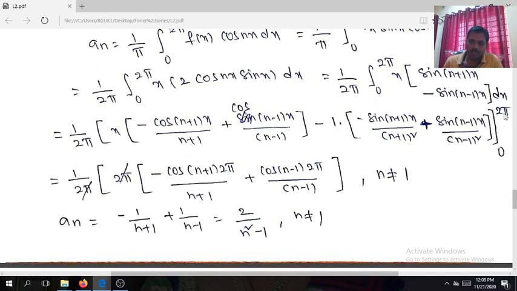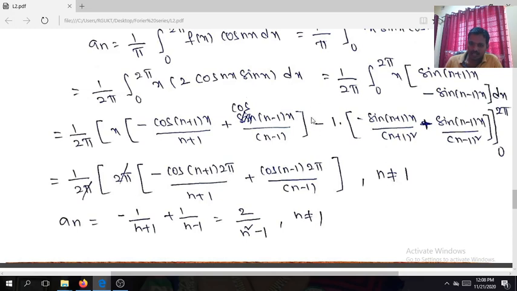Right. I go for the upper limit, 1 by 2 pi, 2 pi of minus cos. Here this denominator n minus 1 is there. Please remember, if I take n equals to 1, this does not exist. This is infinity, which means this is not a valid expansion. So I am going to restrict the values of n here, that is n is not equals to 1. This is valid for n not equals to 1.